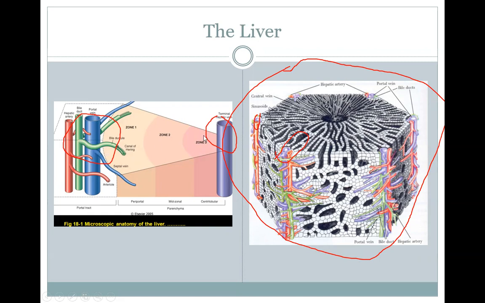Not only this, it is the area most rich with detoxification systems such as the P450. So whenever there is an ischemic event or a toxic event, this area is going to be affected.